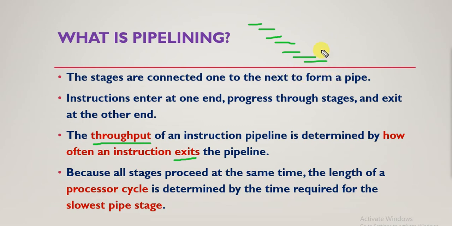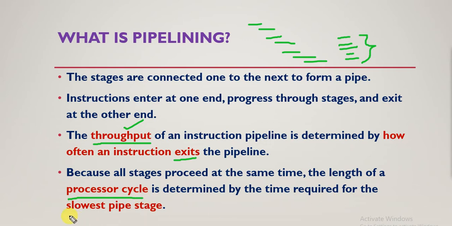That means one instruction comes out, then second, third, fourth, fifth, and so on. The number of instructions coming out of the pipeline will decide the throughput of the instruction pipeline. Because if more instructions come out within less time, we can say that this instruction pipeline has a higher throughput.